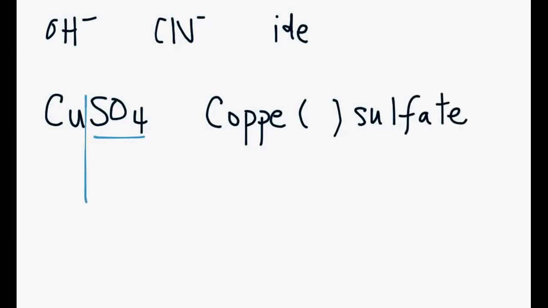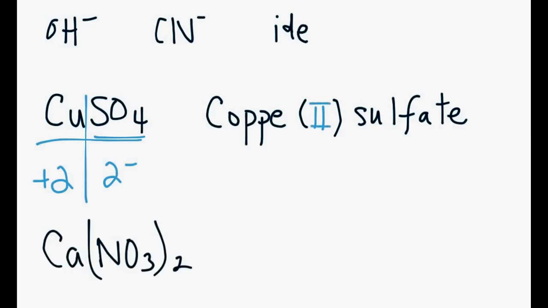So let's figure out what the charge is on copper. Sulfate has a 2 negative charge. There's only one SO4 in our formula, so the total positive has to equal the total negative, so this is copper(II) sulfate.